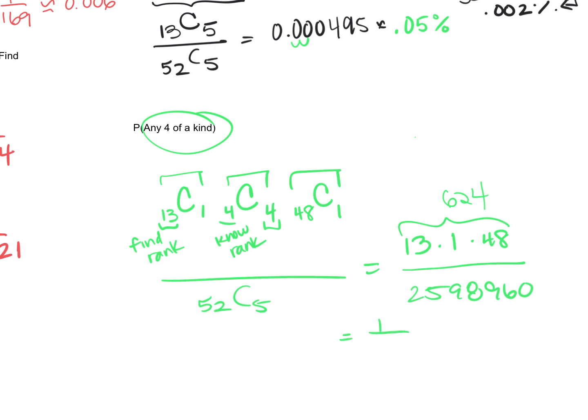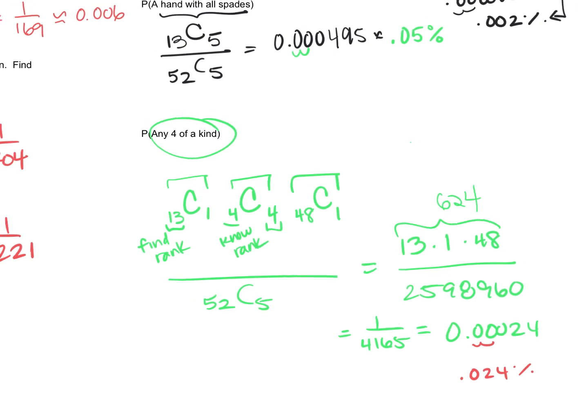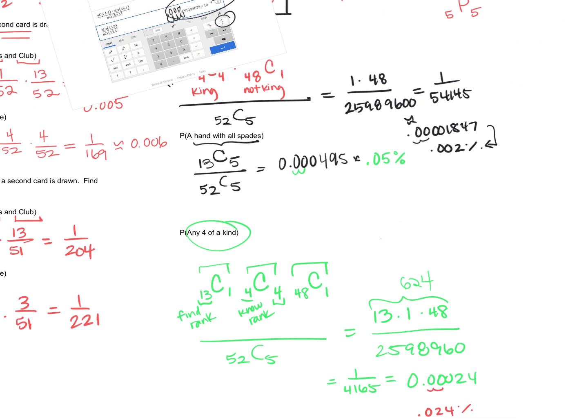And so we end up with 1 over 4165, which when you punch that into your calculator ends up being 0.00024. Again, if I want to write it as a percent, I'll move that back twice, so 0.024%. So you can see these percents are quite small, which means these are poker hands that are highly unlikely, and that's when you win. You get the person who gets the hand with the lowest probability. So hope that made sense.